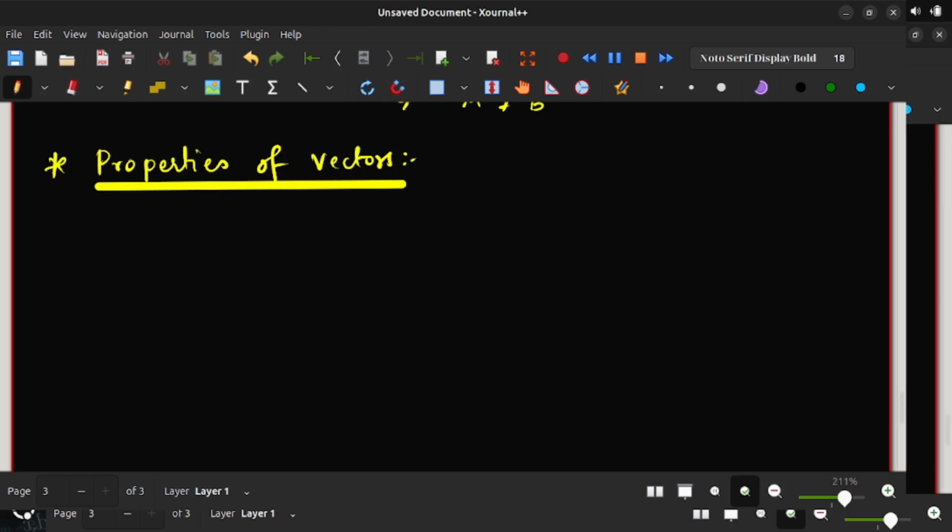So the first thing you should always remember: if you have a vector here, then you can always move it freely. But one thing you should understand, never rotate the vector, never change the direction of the vector, never change the magnitude of the vector.